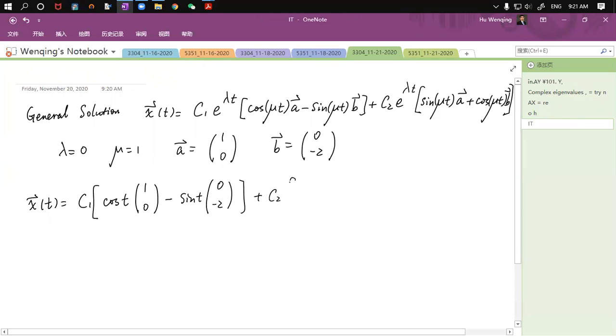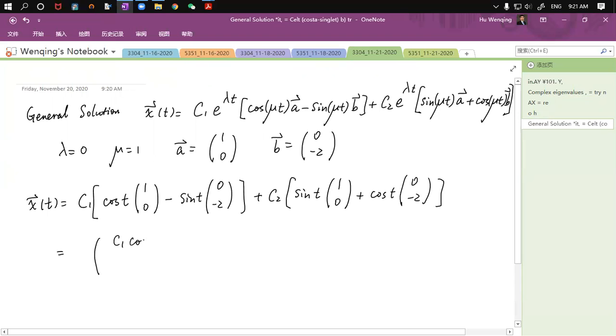Now the second solution is C2. Lambda is 0, so you don't have this. And sine mu t is now sine t multiplied by 1, 0, plus the cosine of t multiplied by 0 and minus 2. That's going to be the solution. If you write everything in components, you're going to have C1 cosine of t, and you have 0 here.